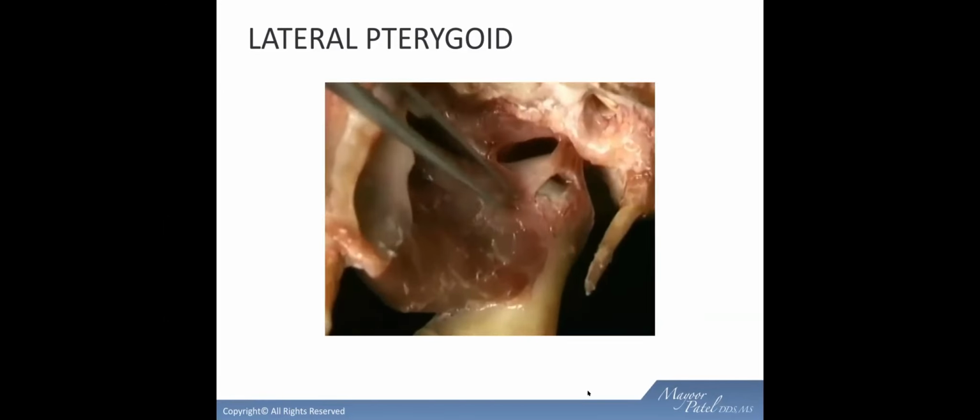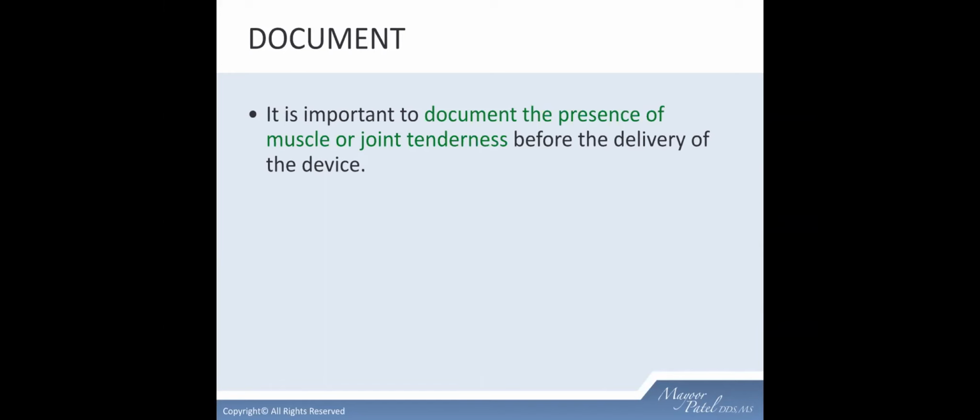All right, now, how do we avoid some of these issues? It's fundamental that we need to document the presence of any muscle or joint issues prior to the delivery of an oral appliance, or even prior to having the discussion about oral appliance therapy for your patients. If you can hone in your skills and develop skill sets to understand the documentation process, but more importantly, the examination process and all aspects of it, the joint, the capsule, the muscles, the tendons, and also the ligaments.